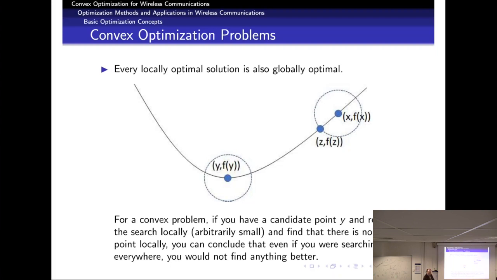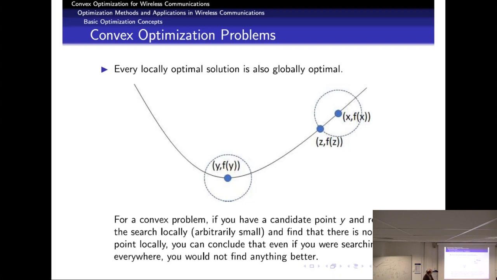It would be a local optimum if I cannot find any points nearby whose value of f of x is smaller. But here you can find a value. If I take the value z, f of z is actually smaller than f of x, right? So here clearly this point is not a local optimum.